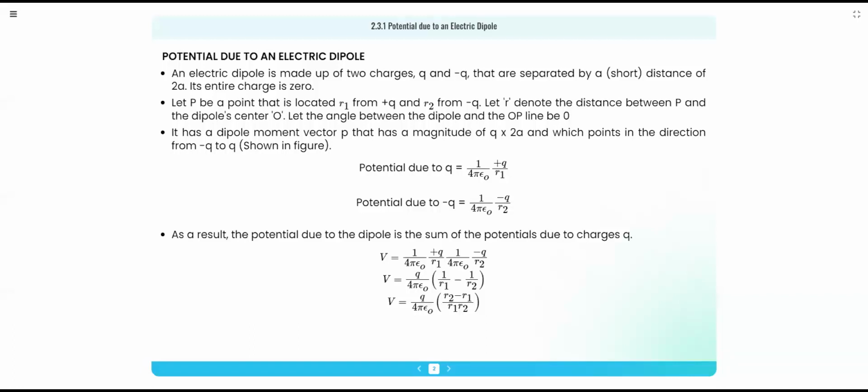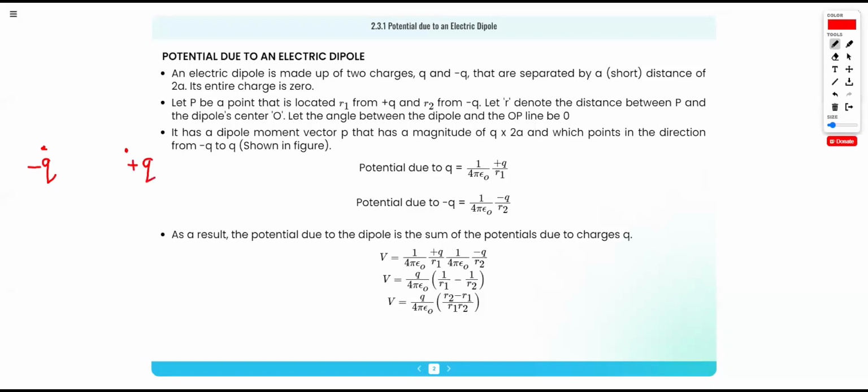Okay, so we'll start with deriving this. Let us consider that we have two charges. First one is a negative charge, another one is a positive charge.